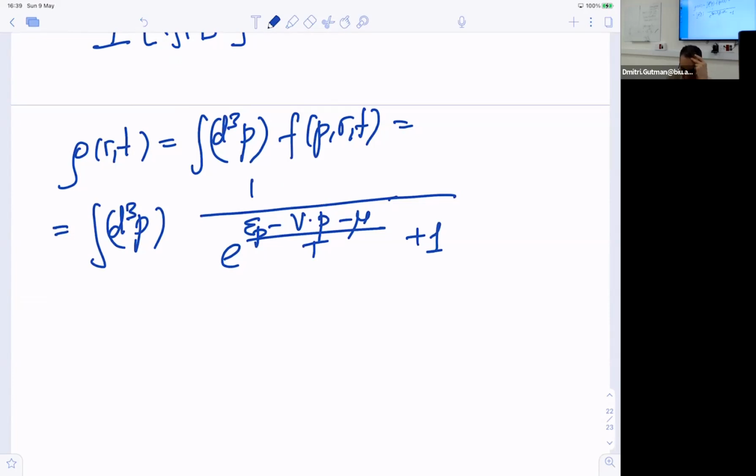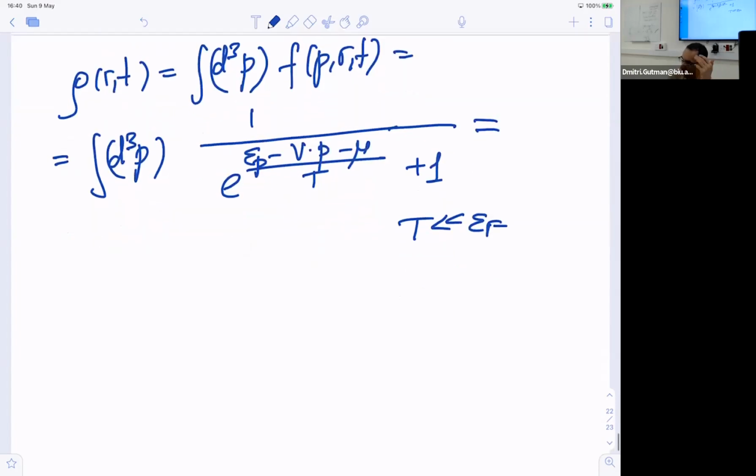And now let us compute this integral. Assume that temperature is much smaller than epsilon Fermi. Therefore, I can employ the Sommerfeld expansion.